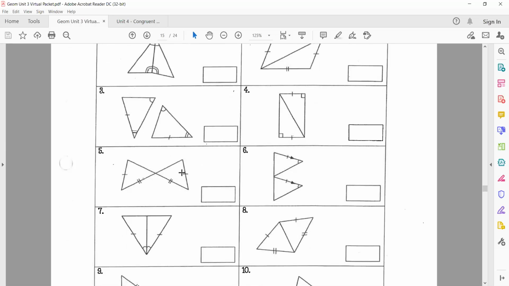What about number 5? Don't force it. It's got to fit one of those proofs.